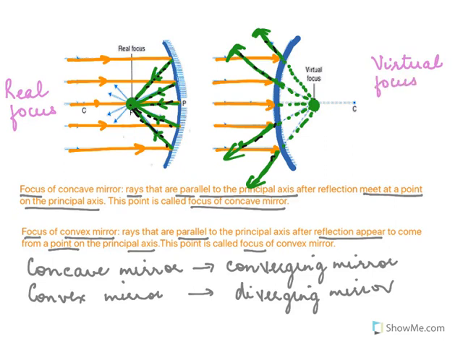If you keep a screen there behind the mirror, you do not get a bright spot. So this is one difference between concave and convex. In concave, the focus is real, the rays actually meet. In convex, the focus is not real, it's virtual, the rays appear to meet. Concave is a converging mirror, and convex is a diverging mirror.